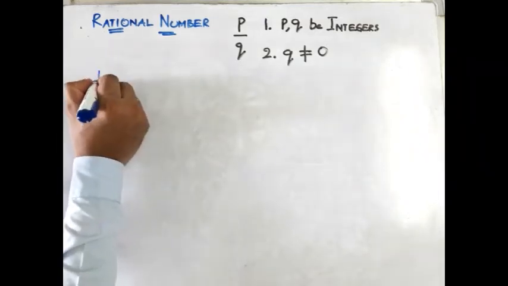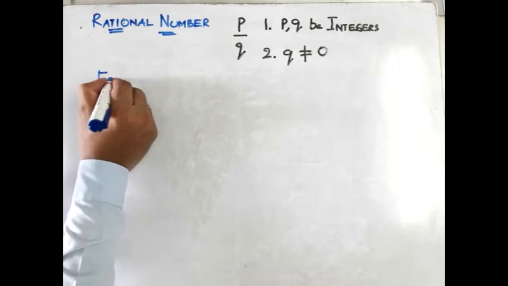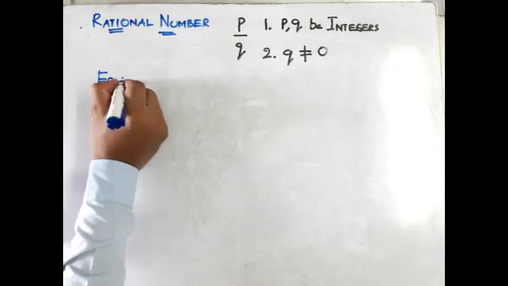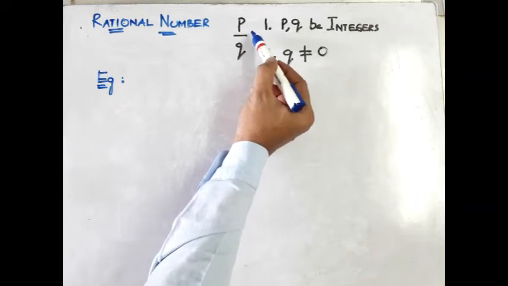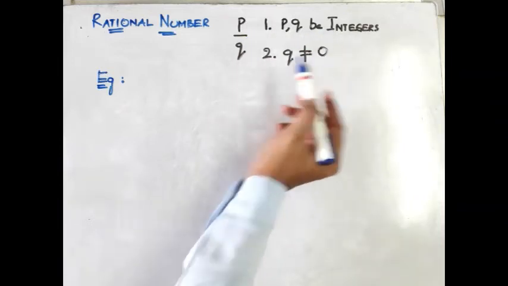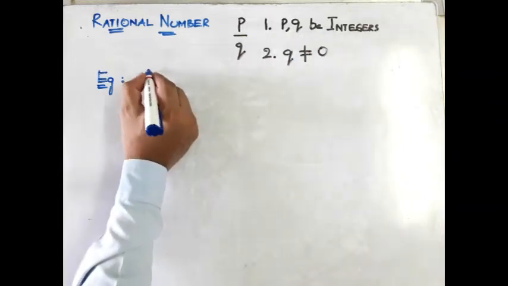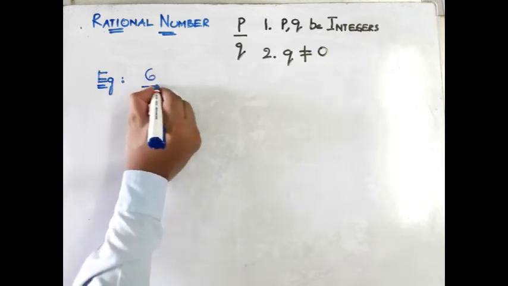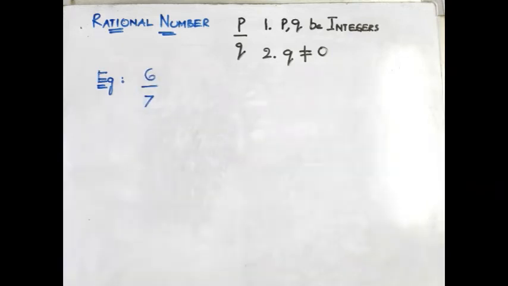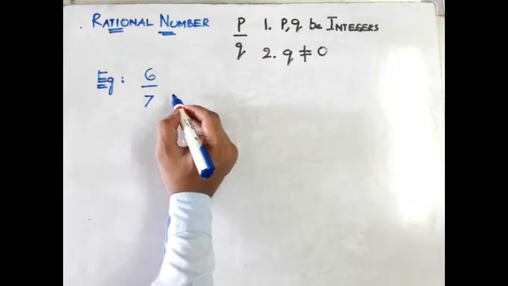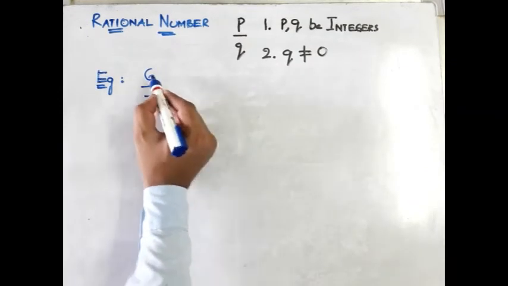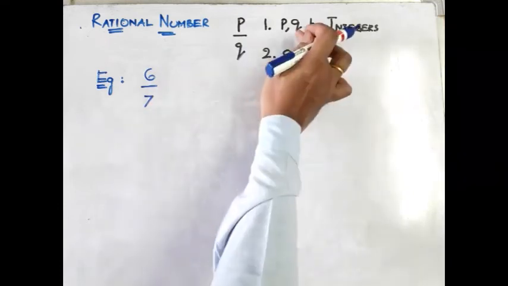Please follow this discussion very carefully. We have to take a number of the form p by q where p and q are integers and q is not equal to 0. For example, I am taking 6 by 7. Let us check whether 6 by 7 satisfies these two properties.